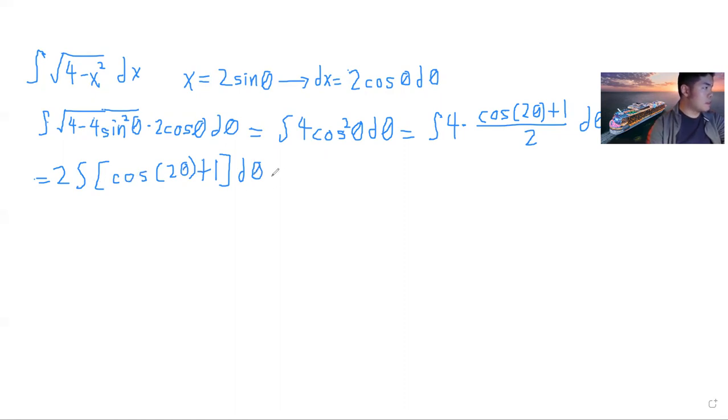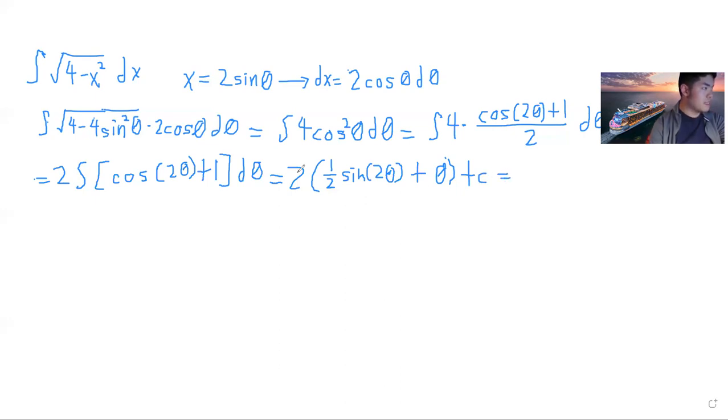So that's 2. The antiderivative of the cos 2 theta, that's 1 over 2 sine 2 theta plus theta plus c.